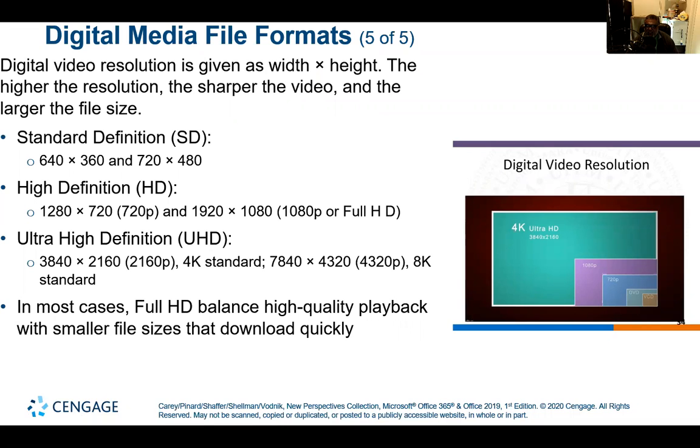Ultra high is 3840 by 2160. They're just starting to come out with televisions that do the ultra high. And they're not so much televisions anymore as much as they're monitors. In most cases, full HD balances high quality playback with smaller file sizes that download quickly.